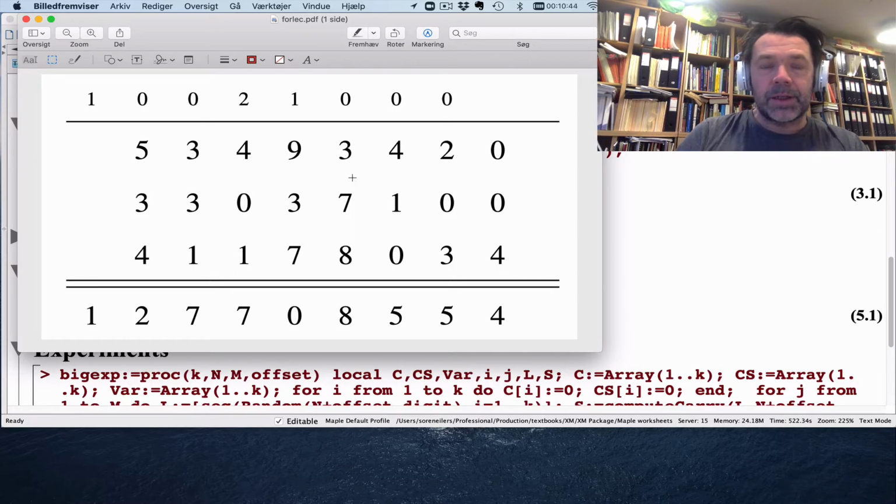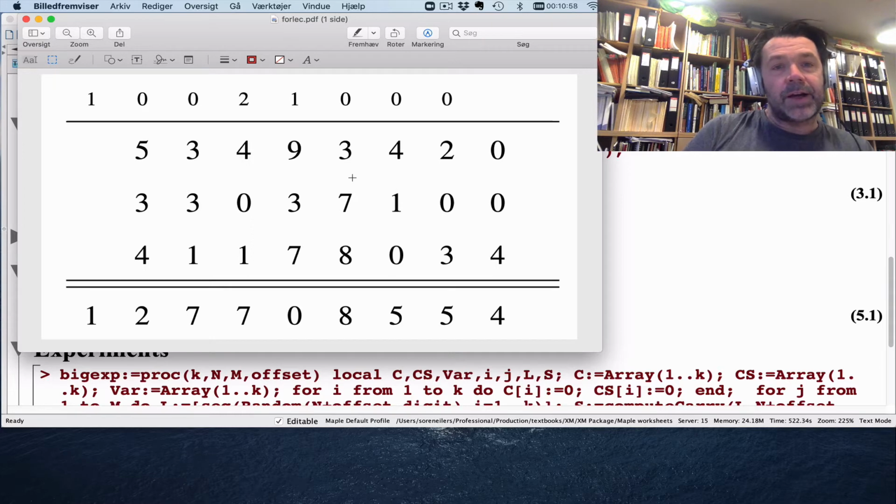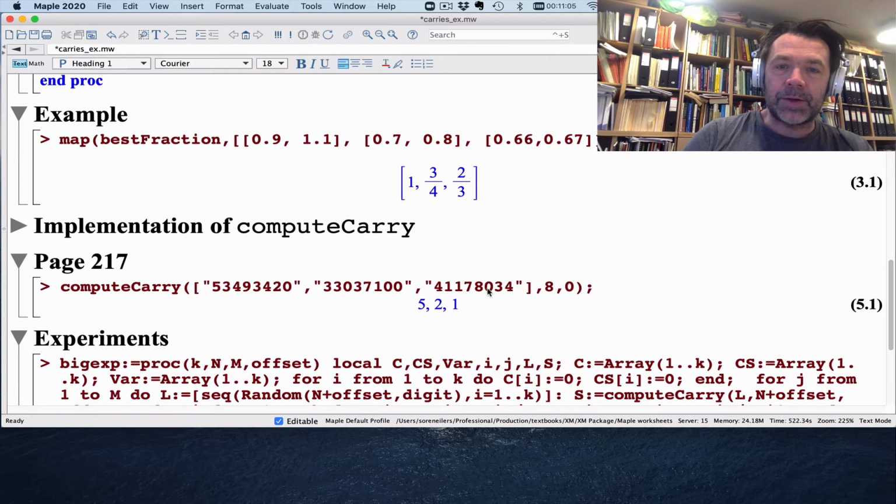So I'm interested in what, if I add a number of fairly long numbers, the approximate distribution of the various carries. You see that here I get 5 zeros, and I get 1, 2, and 2 ones. This little program called compute carry will look at some numbers and compute how many carries I get of the different types: 5 zeros, 2 ones, and 1 two.